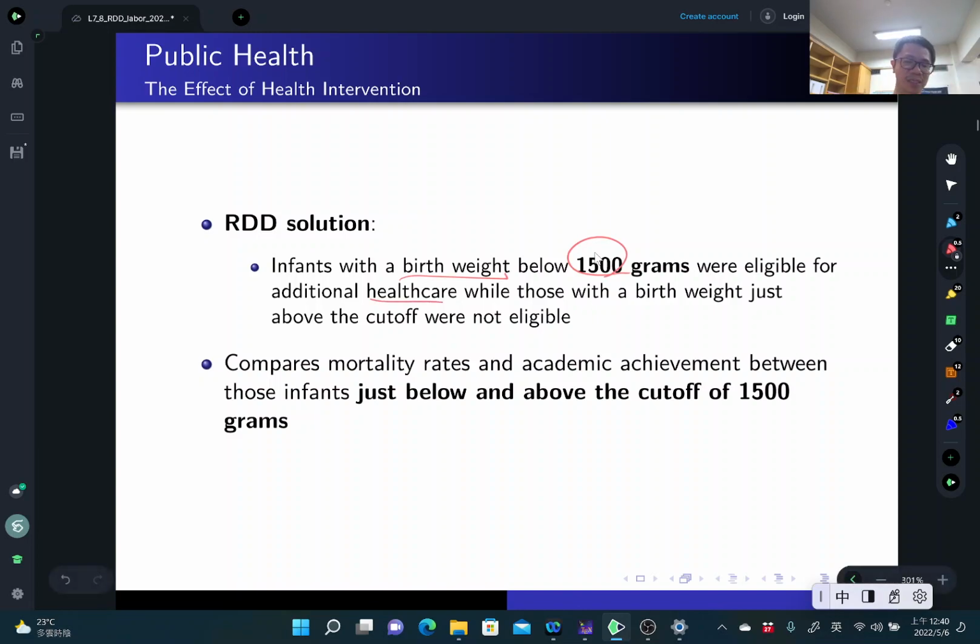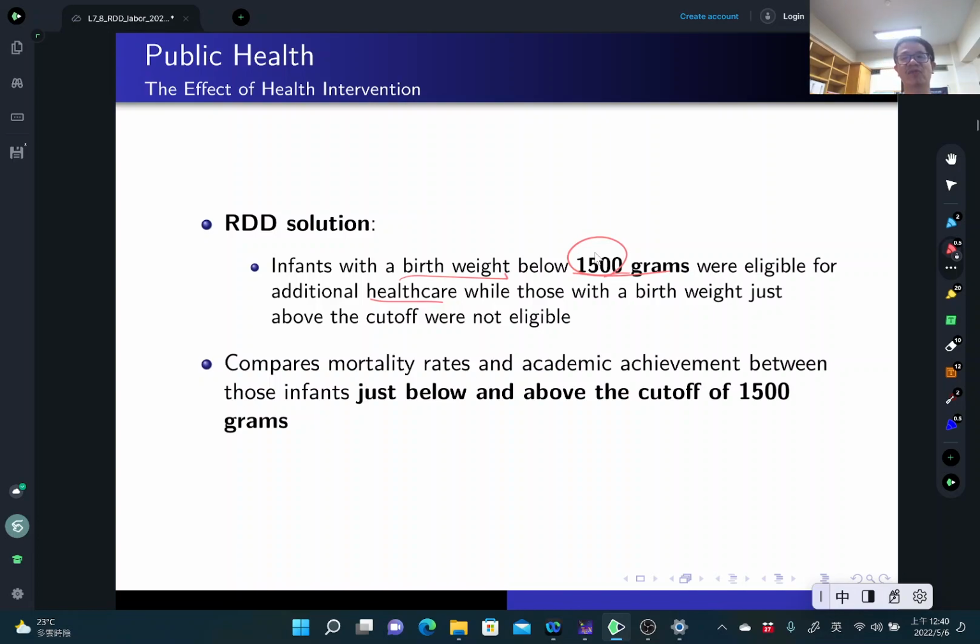That's basically based on their guidelines. And if the baby's birth weight is just above these 1,500 grams, the doctor might think, based on the guidelines, they don't really need to give additional health care for them.